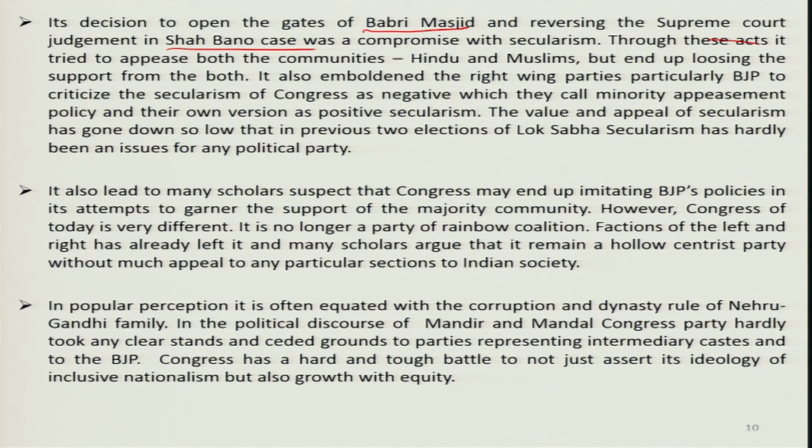These two decisions of the Congress party, to open the gates of Babri Masjid and also reverse the Supreme Court judgment in the Shah Bano case, were seen as a compromise with secularism. And although through these acts or decisions, the Congress party tried to appease both communities, Hindu and Muslims in India, it ended up losing the support from both.